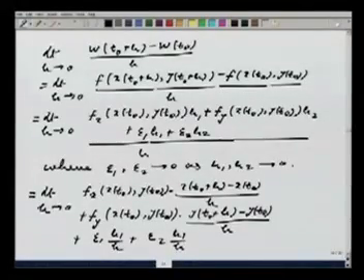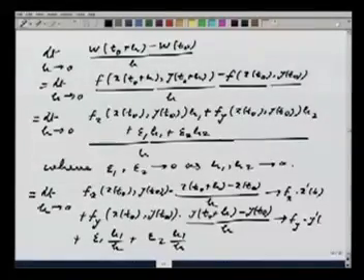Now let us look at the limits of each term. The first term certainly goes to fx at the point times x prime at t naught. The second term goes to fy at the point (x(t naught), y(t naught)) times y prime at t naught.